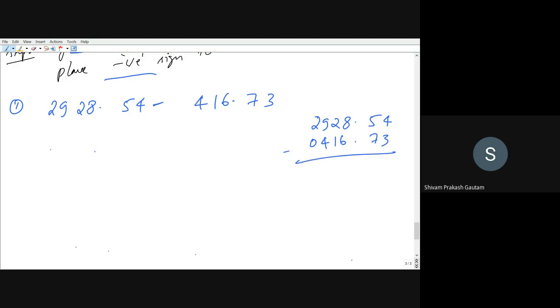If you subtract this, the answer will be 2511.81, and the answer will be positive. So this is how we do it normally, but now we will see using tens complement.